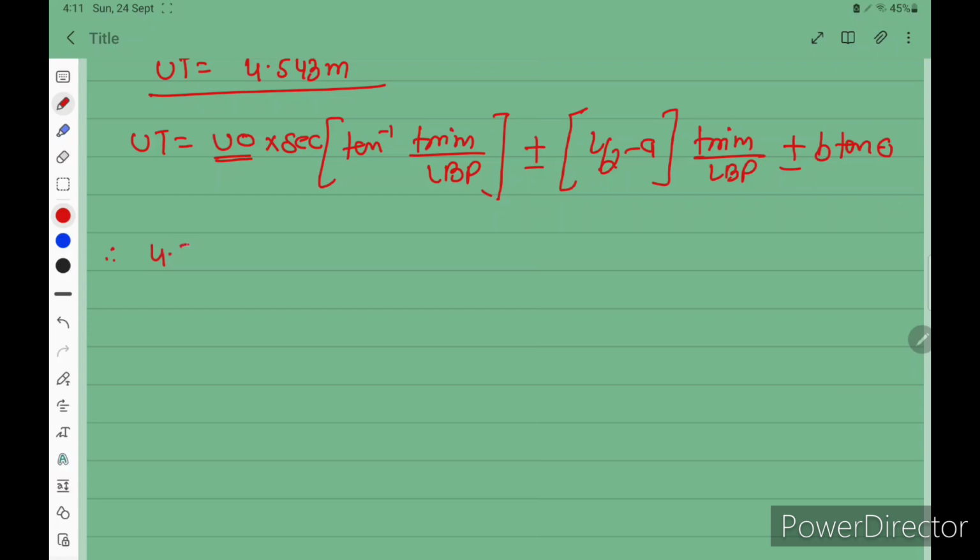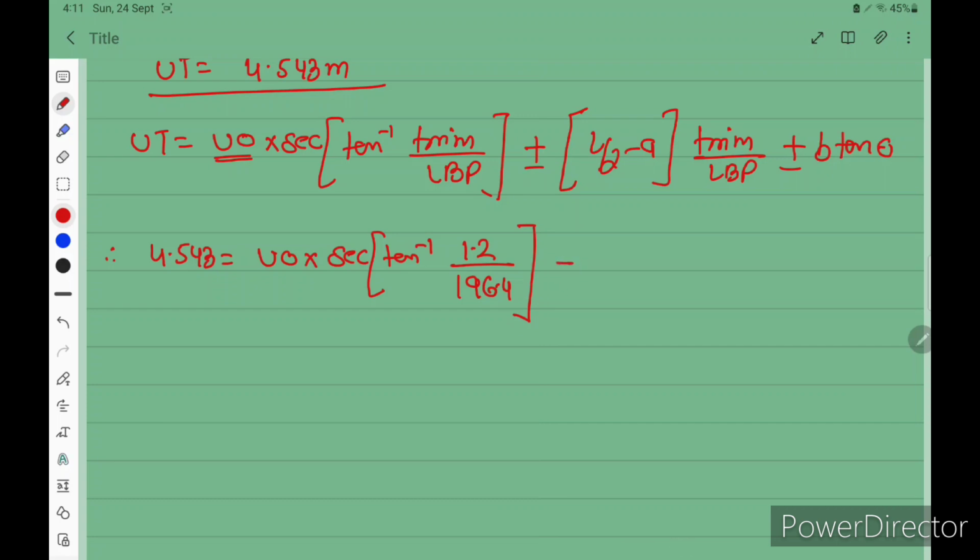UT we get 4.543 is equal to UO, we need to find the observed ullage. We have to put the values in the formula. So tan inverse down by head 1.2 divided by 196.4, LBP length between perpendiculars.